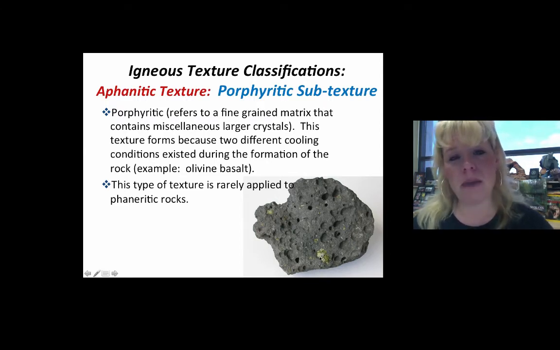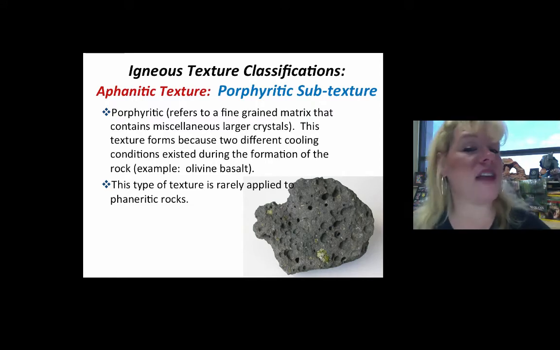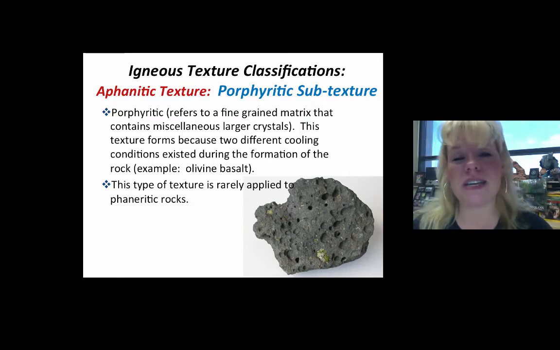But as that magma rises towards the surface, it never gets hot enough to remelt it. So that means that that igneous rock will contain these little crystal gifts when it erupts as a lava. And that's where the olivine comes from.